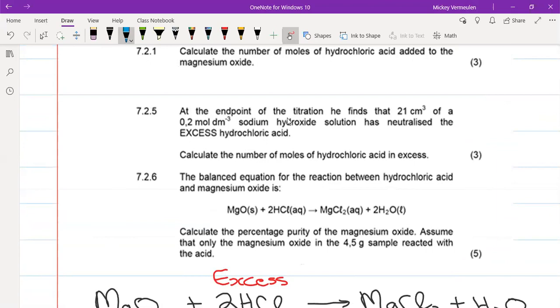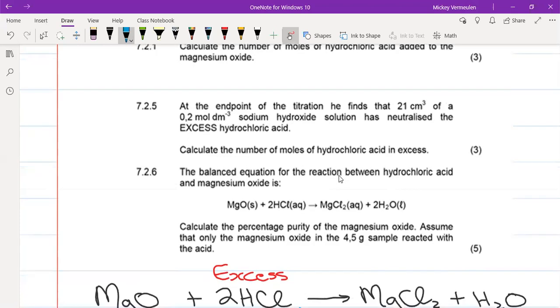All right? They say that 21 cubic centimeters of a 0,2 mole per cubic decimeter sodium hydroxide solution neutralizes the excess hydrochloric acid, right?